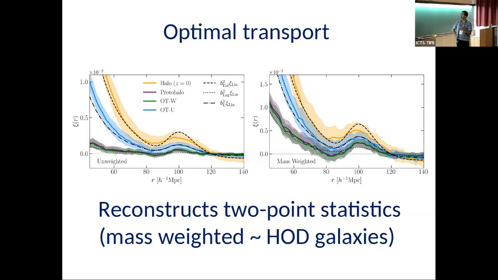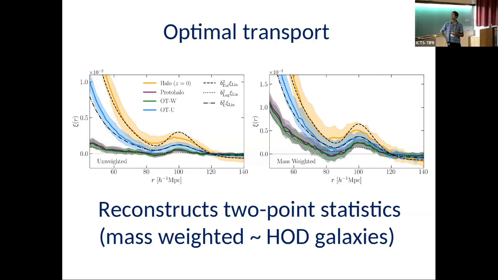A separate question will be, let's compare this to the linear theory shape, because ultimately that's how we do cosmology, by fitting a linear theory template to these shapes. The difference between these two panels is that here each halo was weighted by its mass, and here each halo was not weighted by its mass.